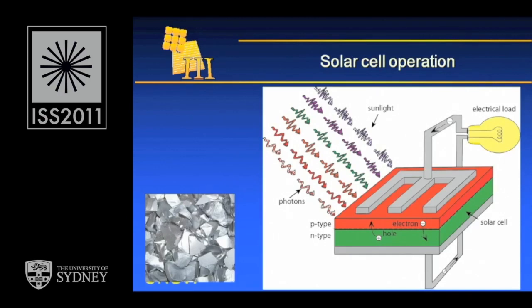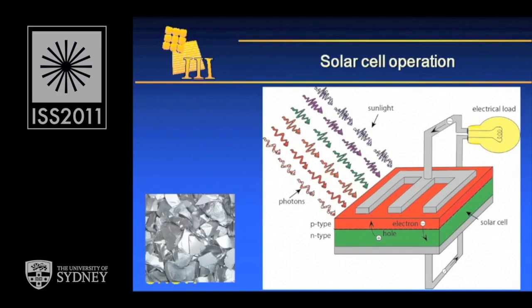So the photons come into the solar cell as before, and they release the electrons from the covalent bonds and thereby create an electron and a hole. Shown here as negative and positive charge. A negative charge moving backwards is the same as a positive charge moving forward, if you get what I mean.